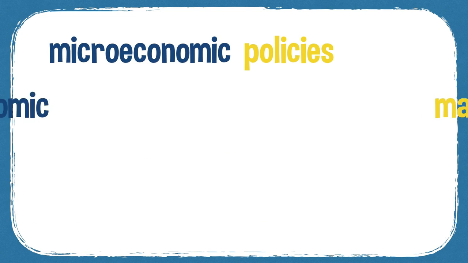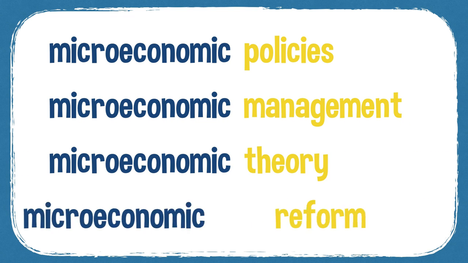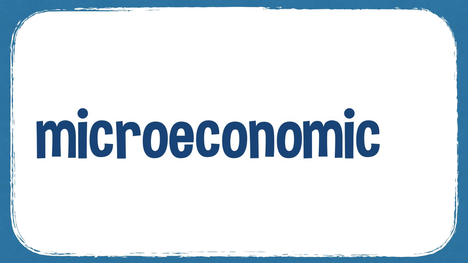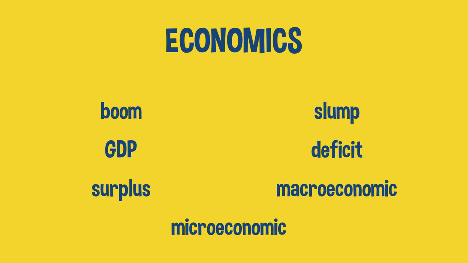And like macroeconomics, we talk about policies, management, microeconomic theory, microeconomic reform as well. Again, it's an adjective. To turn it into a noun, add the S. So macroeconomics is the study of macroeconomic issues. So there are your 7 economics words: boom, slump, GDP, deficit, surplus, macroeconomic, and microeconomic.